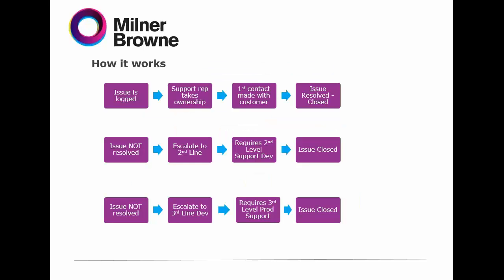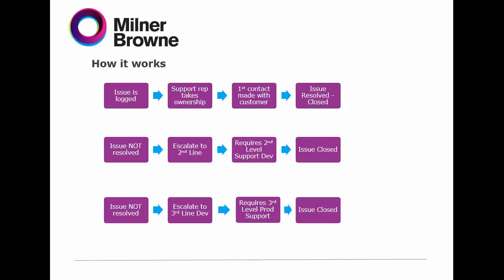So how it works. When you log a call with us, the issue is logged on the system. It's given a unique number, and the support rep takes ownership of the call. We make first contact with the customer, and the issue is resolved and closed. If, however, the issue can't be resolved at the first level, we then escalate to our second line support.